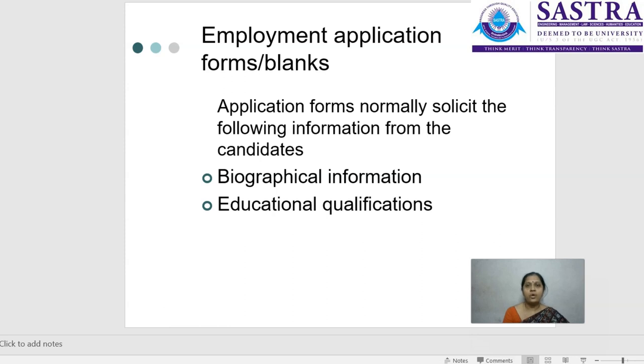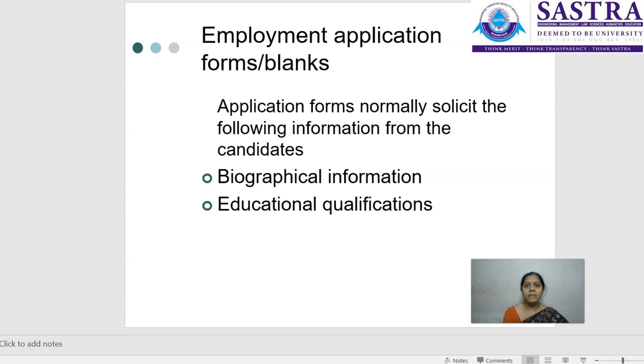So here the organization will be, say for example, giving more weightage to some characteristics in its application blanks. So in such cases, say for example, a sales personnel is required in an organization, and this sales personnel requires good communication skills, and so that will definitely contribute to the success in selling.